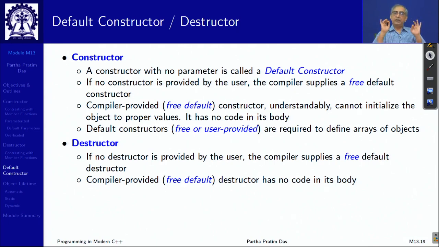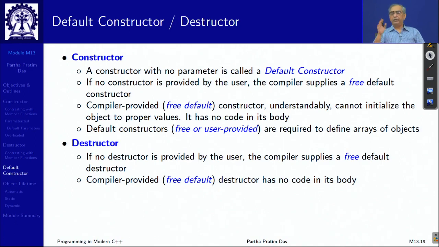And once you write a constructor, which is either default or non-default, that is, it has parameters, the compiler will not provide it. Similarly, for the destructor, if you write one, then the destructor will not be provided by the compiler, but if you do not, then the compiler will provide a destructor.